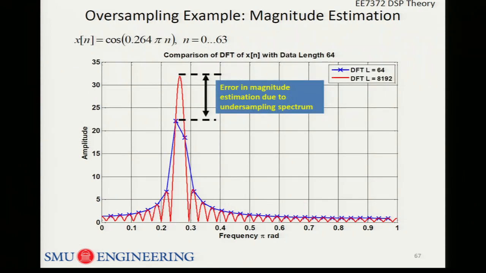Well, if you were to oversample this, notice that you actually had a pretty significant error in the amplitude estimation, because the samples that you didn't fill in actually added a significant amount of height, which might tell you information about the signal that you didn't know. So if you estimate it, you might estimate it wrong. There are good reasons to oversample these spectrums. It helps you with the interpretation.